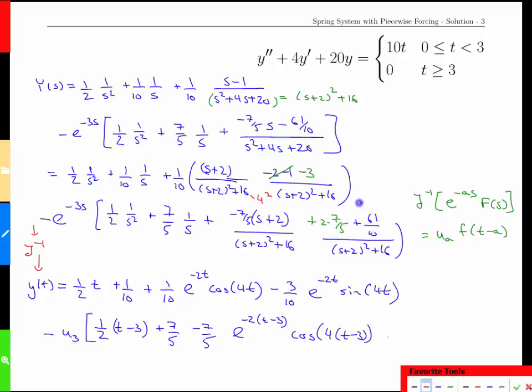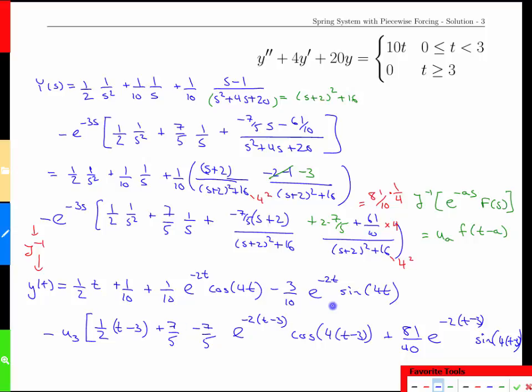This coefficient here, if we calculate it out, gives us 81 over 10, which is fine, but because of the sine structure, if this is k squared, it's 4 squared, we need a 4 on top. So what we're going to do is put a 4 in and also divide by 4 when we're done. And what that's going to give us is 81 over 40 times e to the negative 2 (t minus 3) sine of 4 (t minus 3).